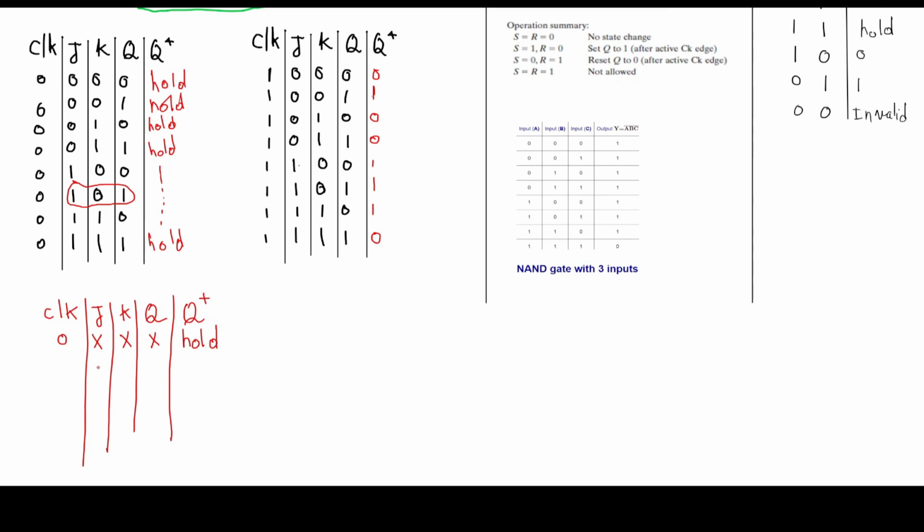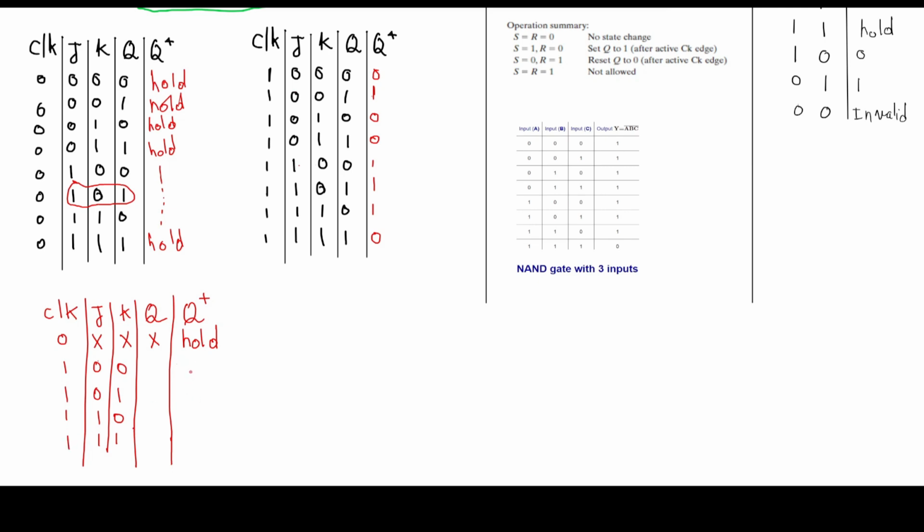So now when the clock is enabled, let's see all the possible combinations for JK. So for JK, two inputs, we have 4 combinations. So we have 0, 0, 0, 1, 1, 0, and 1, 1. And then in here we have the clock is enabled. So the clock is 1.